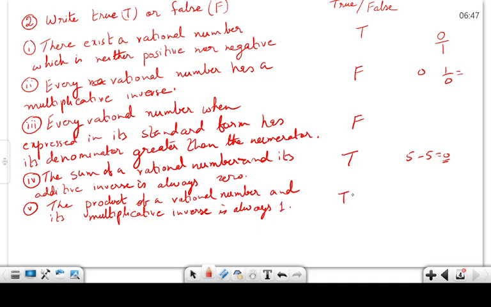That is also true. Suppose the rational number is 5, so the multiplicative inverse is 1 by 5, and when we multiply them we get 1, and that is true.